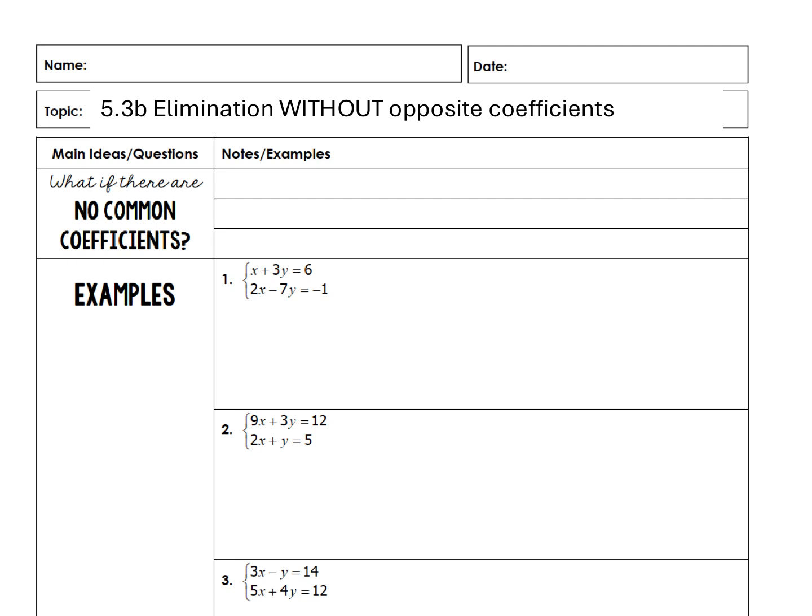Okay, so this says, what if there is no common, or we would say no opposite coefficients, because we want opposite coefficients the way we've been doing it.